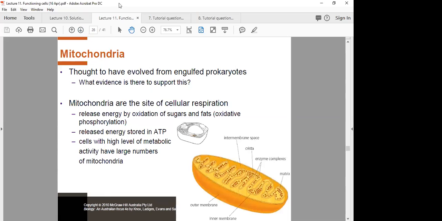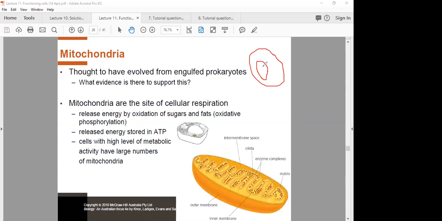In a nutshell, what it proposes is that we had a pre-existing cell which engulfed another cell, or this second cell may have entered that first cell somehow.